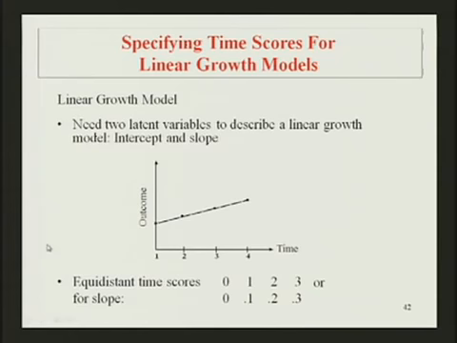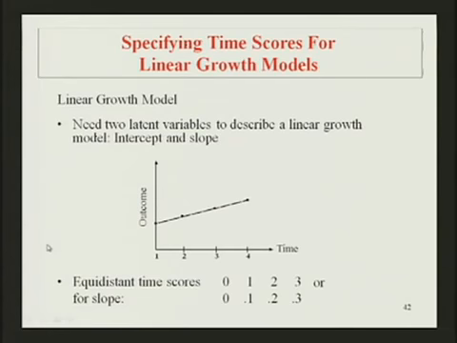And we're going to first ask ourselves, do we have equidistant time scores? And that's true in this case, right? We have the same distance between grade 8 and grade 7 as between 9 and 8. It's one step in between.